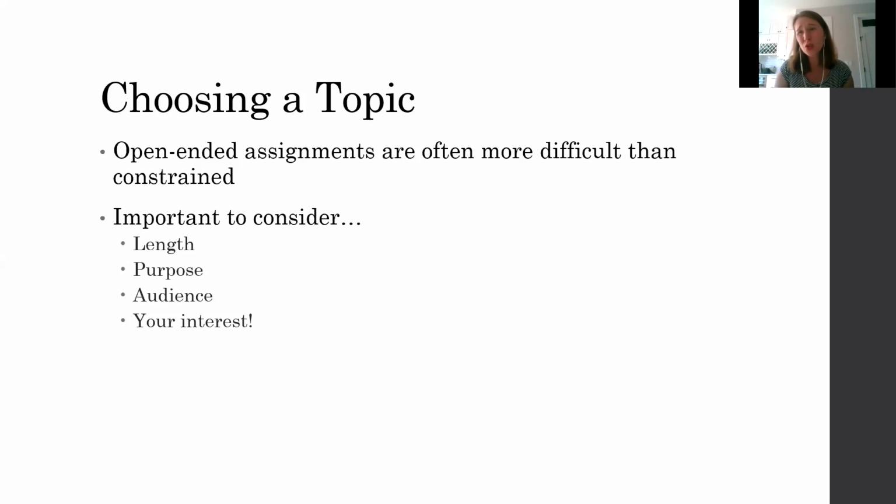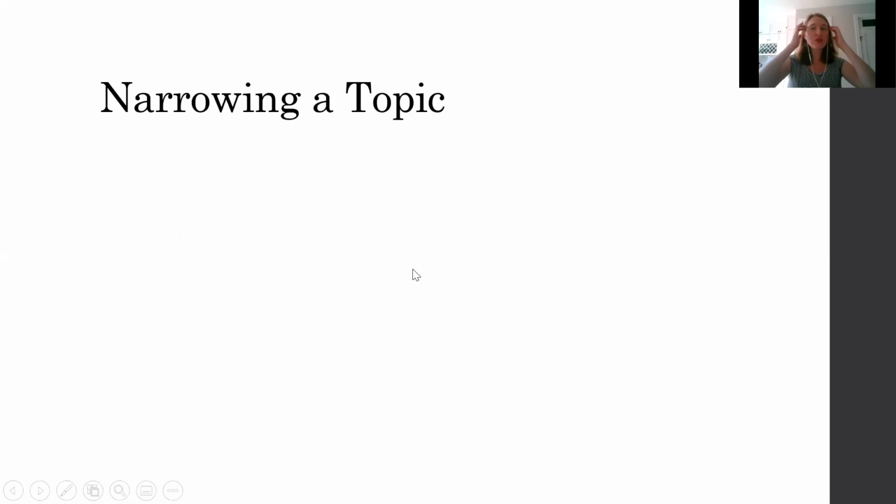So don't choose something simply because it sounds good for your professor, although that is a consideration, but also how interested you are in it. Because like I said, you're going to be a lot more long-winded, within reason, if it's something that you are interested in, okay? Okay, so narrowing a topic. Choosing a topic is kind of just a broad, okay, what is the general idea that I want to talk about?